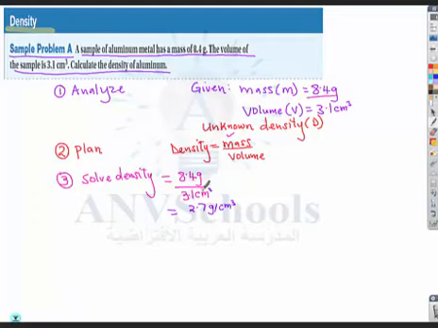And then now you check your work. The answer has two significant figures. And that is 1, 2. Here we had also 1, 2. Here also 1, 2.